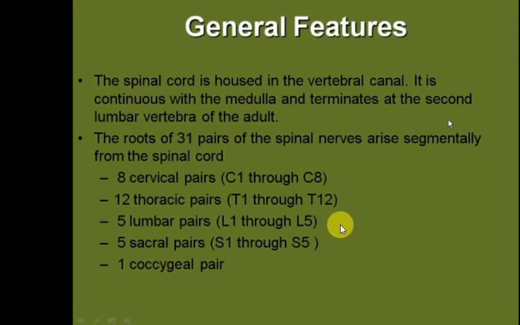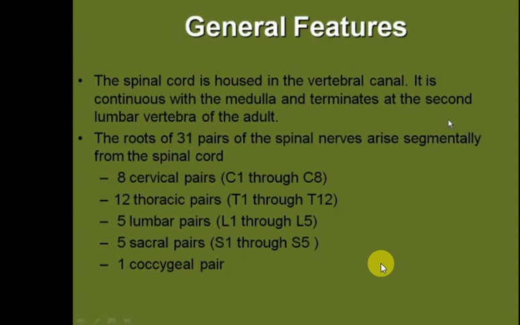And let's come to the fundamental anatomy of the spinal cord. The spinal cord is housed in the vertebral canal. It is surrounded on all sides by the vertebral bodies of the vertebra, which form a canal, and the spinal cord runs in that canal. It is continuous with the medulla at the foramen magnum.